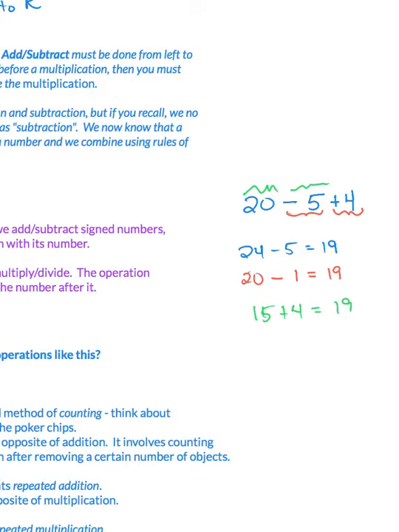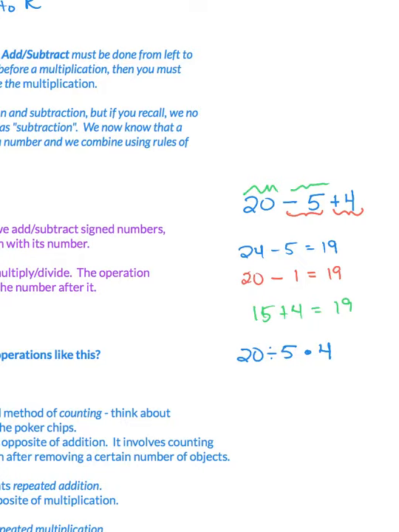So the important thing to remember is that just like with our addition and subtraction, that minus goes with only the 5. The same thing applies when we talk about multiplication and division. If I change this to 20 divided by 5 times 4, I need to remember that this 5 here has to be divided. So we can do one of two things on this one.